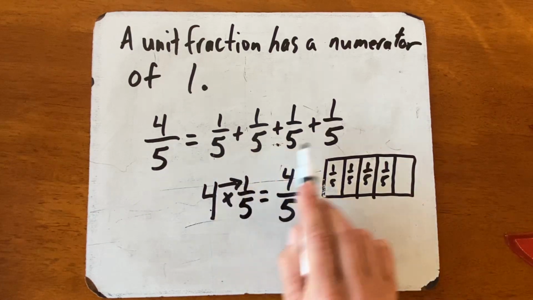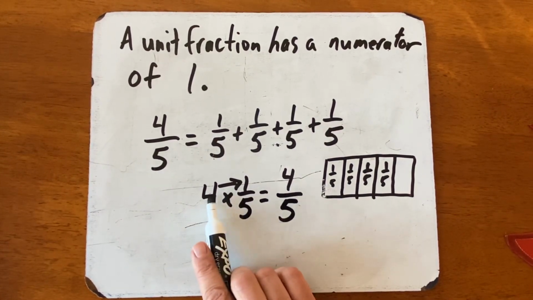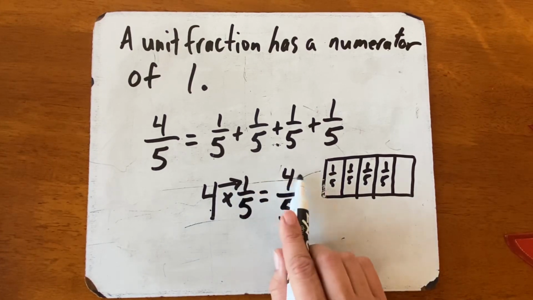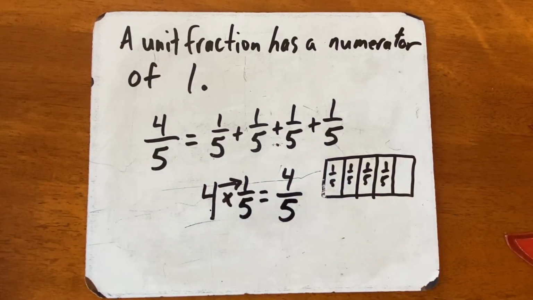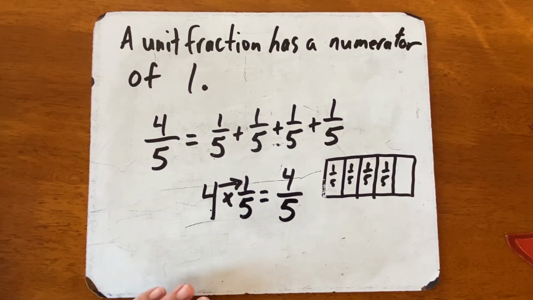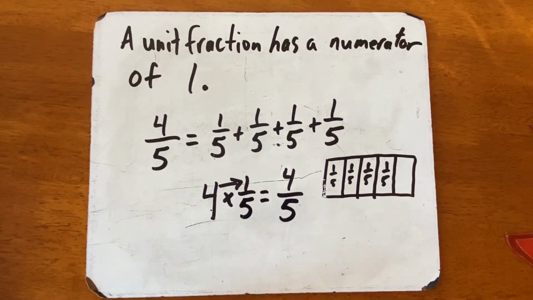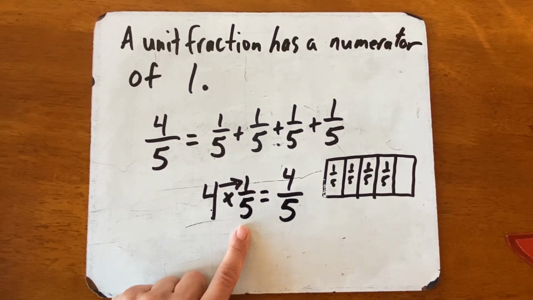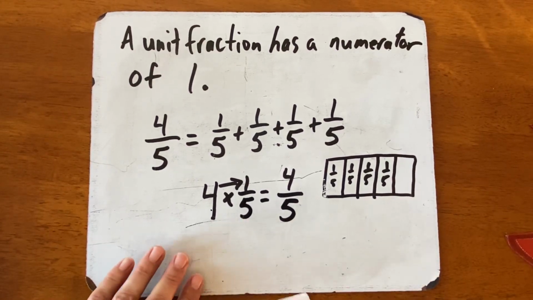We're using unit fractions because they have a 1 in the numerator, and we just multiply the whole number times the numerator, and that will give us our 4/5. Okay? We don't want to overcomplicate this part. This is pretty straightforward. Just remember, you only multiply the numerator. The denominator, we're not changing the size of the piece at this time. Okay, we're just going to leave it as fifths.